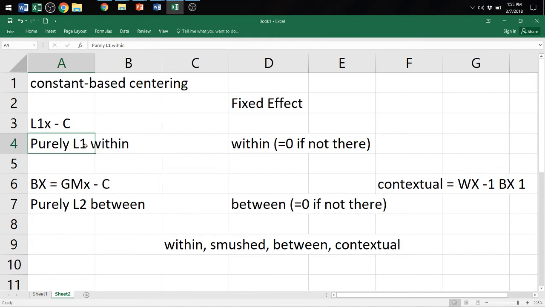Is it purely level 1 within? Nope, it's both. It's smushed together. Both level 1 within, make that W, and level 2 between.